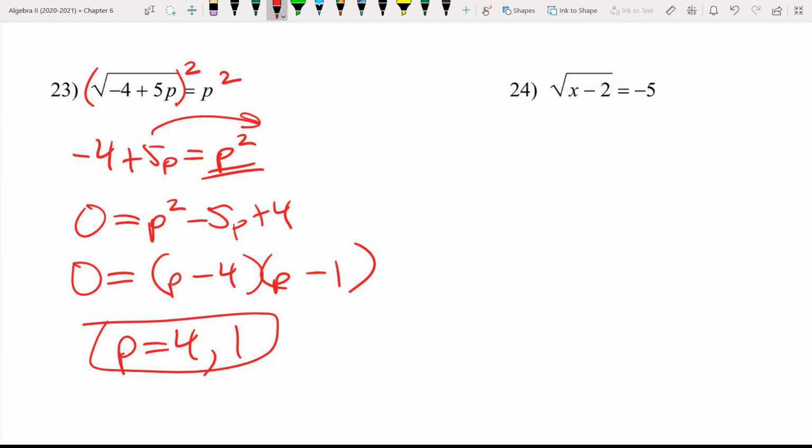Now 24, you didn't actually have to do any work if you recognized right at the beginning that you can't take the square root of something and end up with a negative. So this one is simply no solution.